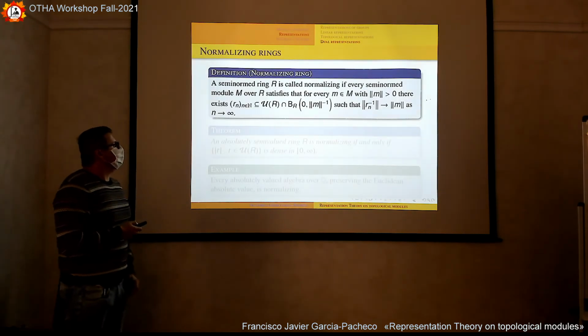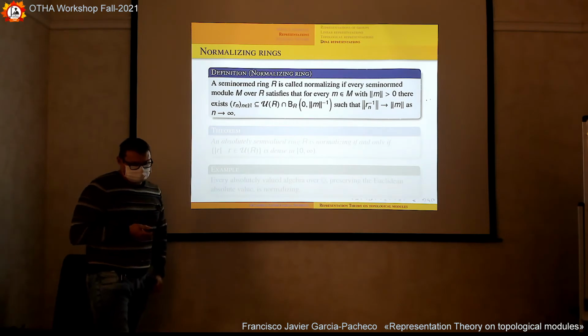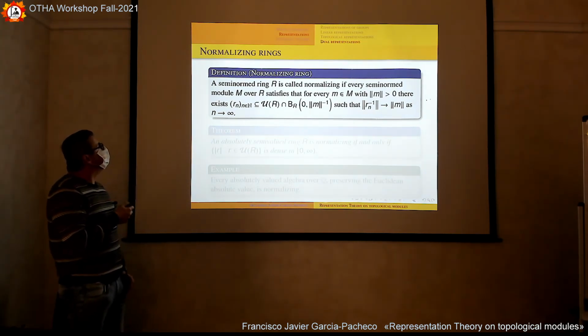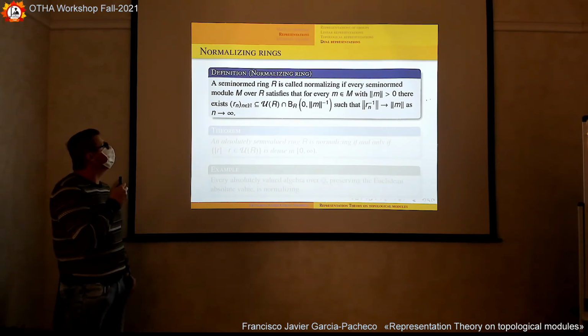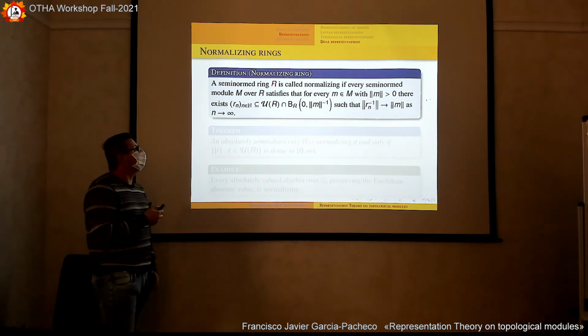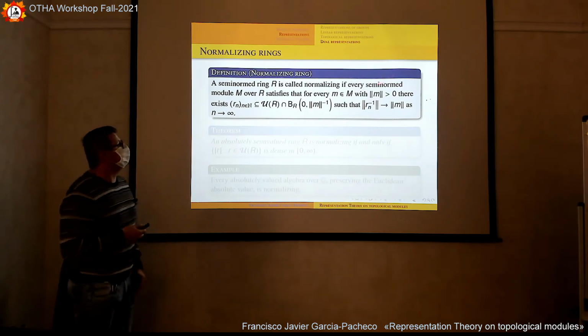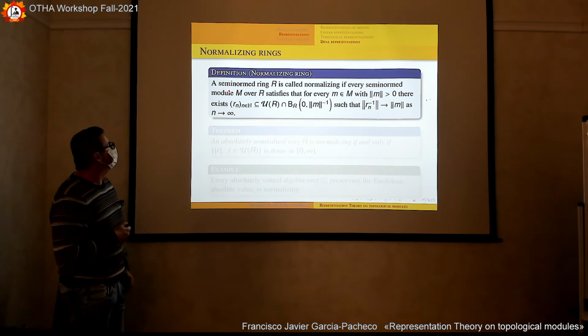Now, in order for norms to work on modules, we need to consider special types of seminorm rings, which are called normalizing, and those are rings that verify these conditions.